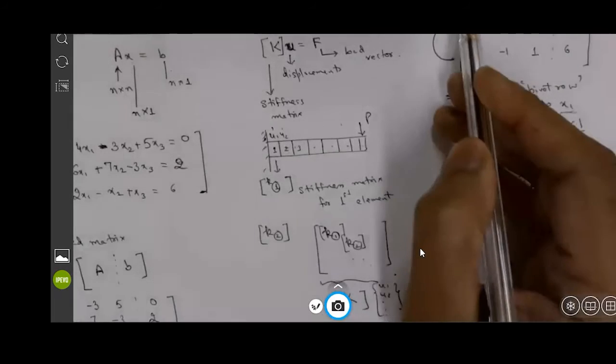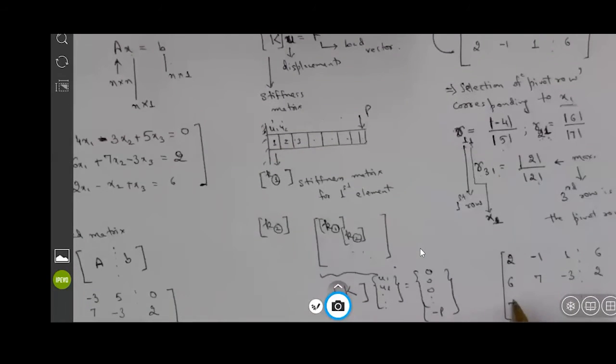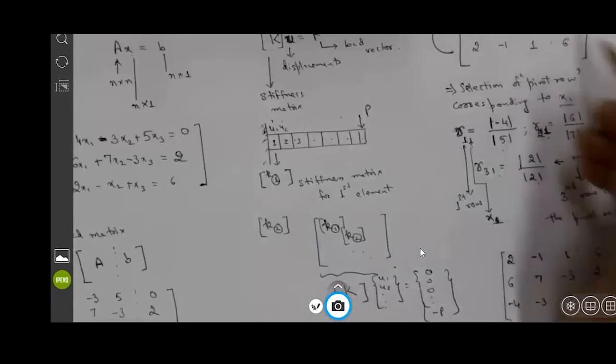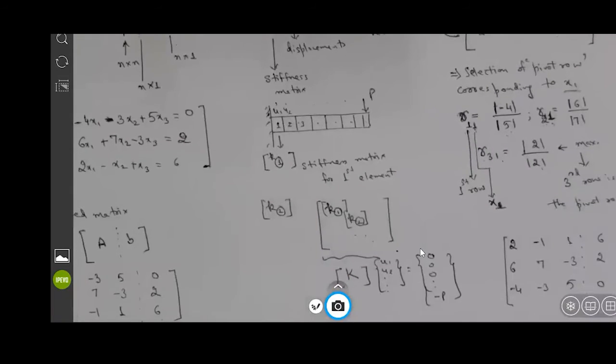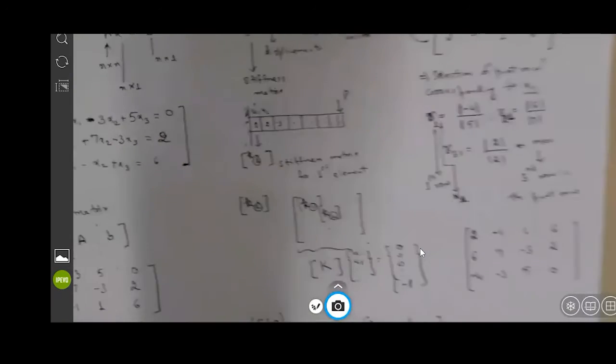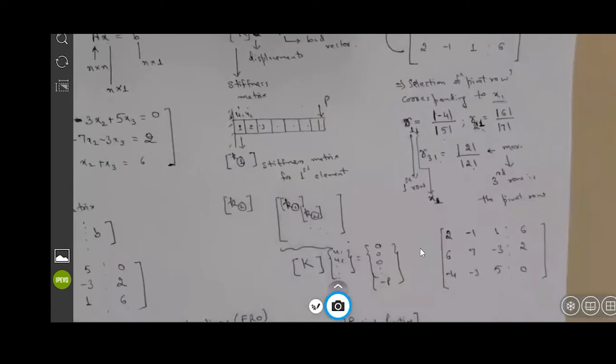And the third row becomes -4, -3, 5, and 0. Is everybody following it so far? Yes. Good. So that is what you do for the first step.